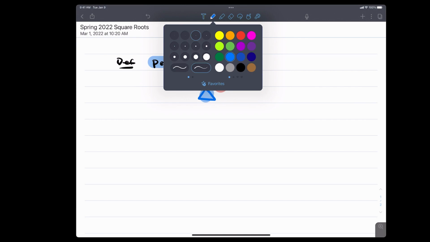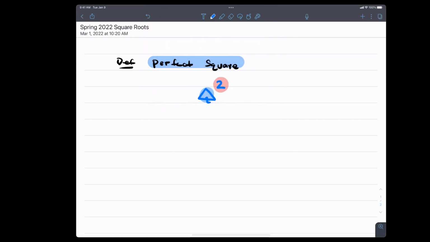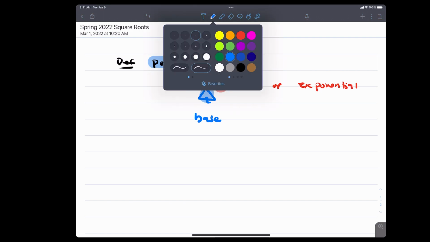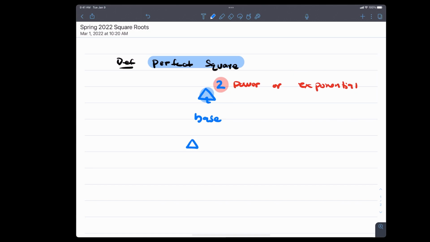By the way, this here is also known as a base, and this 2 is known as your power or exponent. So it's really an exponential, a special exponential raised to the second power. And what that means by definition is you take that same base and you multiply it.